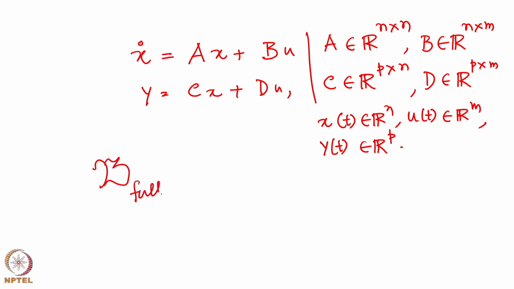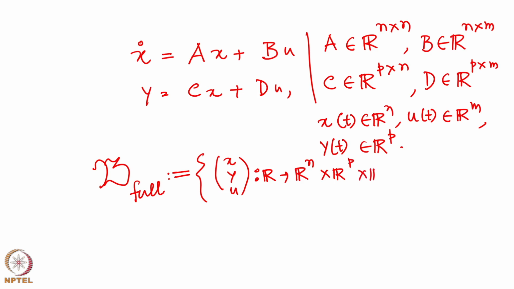B full in this case is the collection of all x, y and u which are functions of time. It maps from R to R^n cross R^p cross R^m, such that this equation (1) is satisfied.